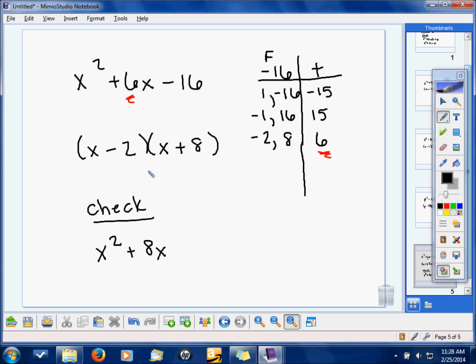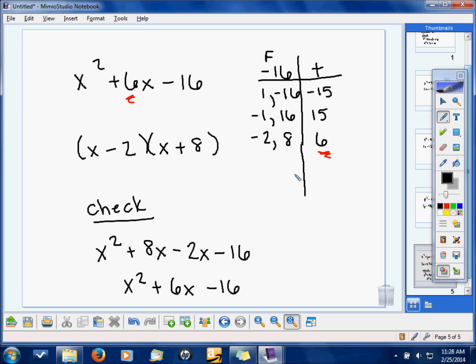Inners are minus 2x. And then the last terms are minus 16. Put the like terms together. And the good thing is that we did come out with our answer. If you're careful, this method is foolproof.